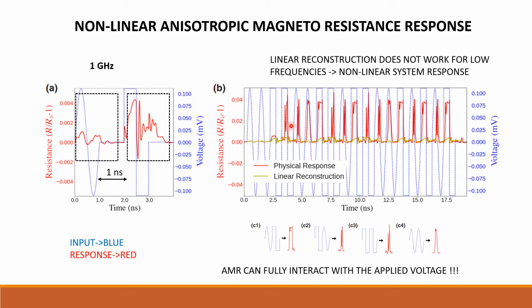In the second experiment, a pulse train, which consists of, again, sine and square waves at 1 GHz in a random fashion, is sent to the structure, and we again look at the AMR response. As you can see from figure B, the physical response, the red one, and the linear reconstruction, the yellow one, differ from each other.